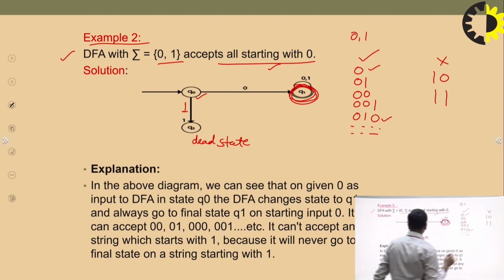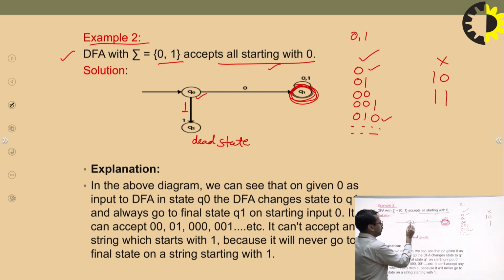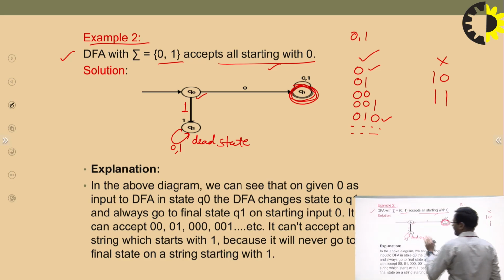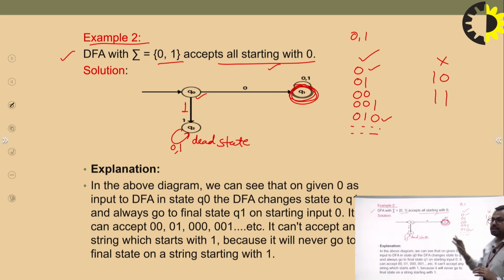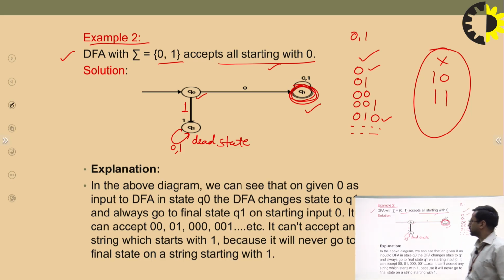When we first apply 1, it goes to the dead state, and then 0 and 1 self loop there and never go to the final state. So we are sure that all strings starting with 0 go to the final state, and all others never do; that is the dead state.